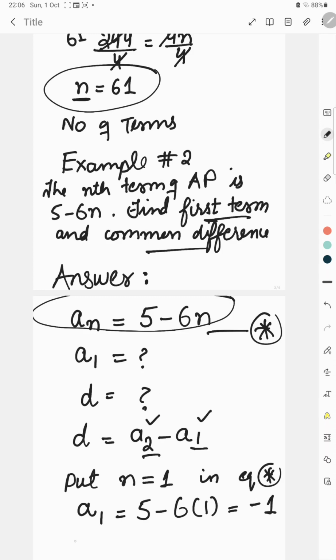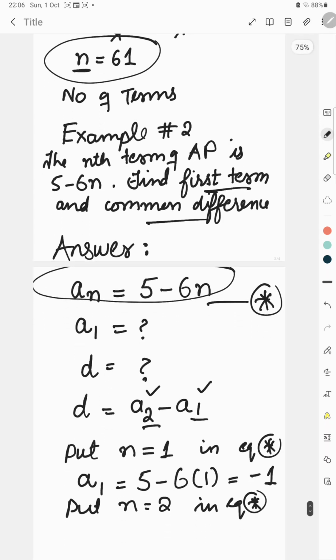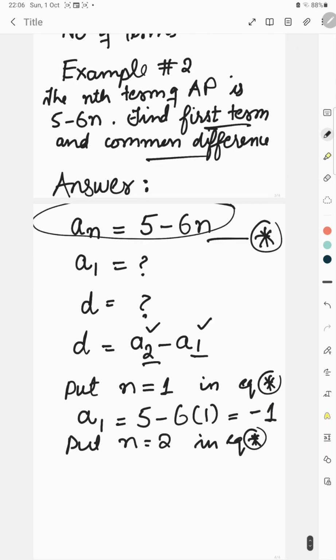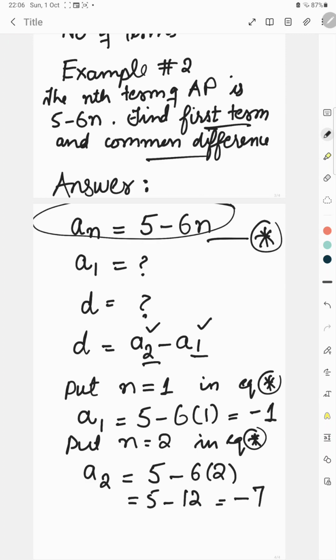Similarly, now put n equal to 2 in the given equation star. We get a2 is equal to 5 minus 6 twos are 12, so the answer is minus 7.